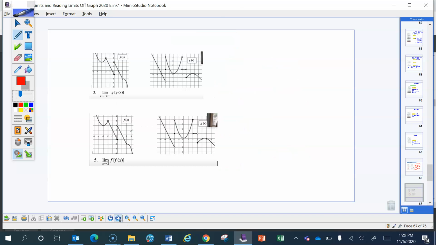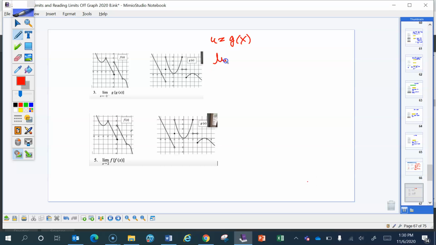But if we take a look at number 3, we're asking the limit as x approaches -2 of g of x. So again, I'm going to let u equal that inside function g of x.